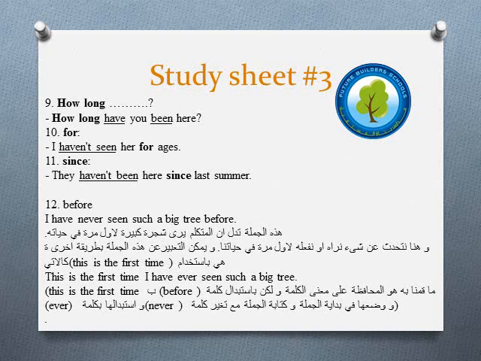So صار this is the first time I have ever seen such a big tree, and I omit وأحذف the word before. ما قمنا به هو محافظة على معنى الجملة ولكن استبدال كلمة before بكلمة this is the first time. before موقعها كان في نهاية الجملة، this is the first time موقعها في بداية الجملة. وقمنا باستبدال كلمة never الموجودة في الجملة الأولى إلى كلمة ever عندما وضعناها مع جملة this is the first time.